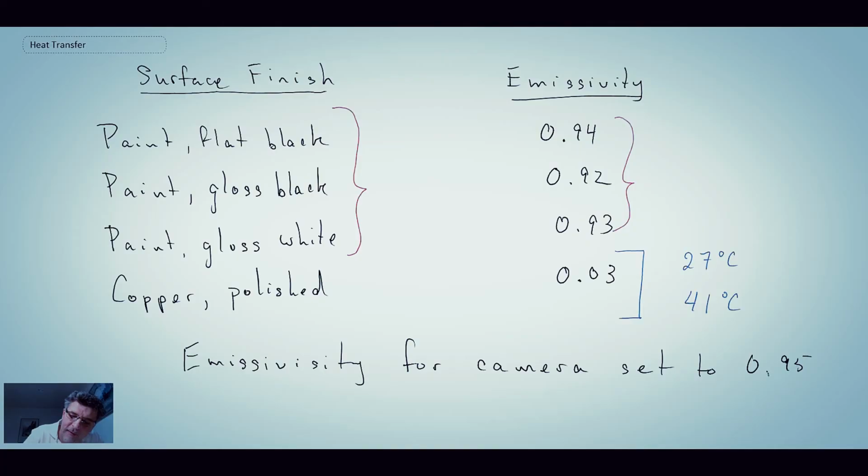So what does that mean? What that means is that if you wanted to use an infrared camera to measure the surface temperature of an object, you need to know what the emissivity of that object is. And so if you're measuring something such as polished copper, chances are you're going to get an incorrect result if you do not adjust the emissivity accordingly to correspond to the surface finish of that copper.